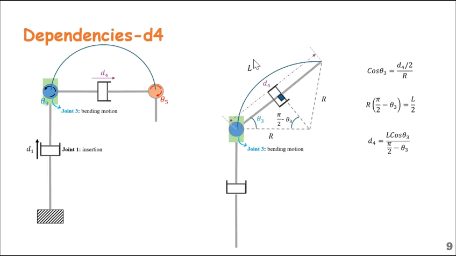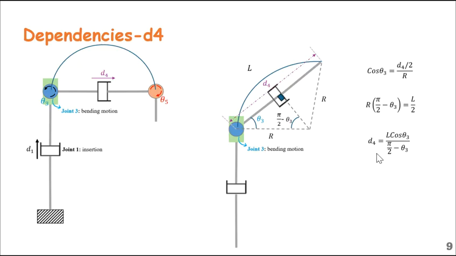L here is the length of the bending section. We assume the radius of the bending section at the shown moment is r. From triangle algebra, we know that the cosine of theta 3 equals half of d4 divided by the hypotenuse length.